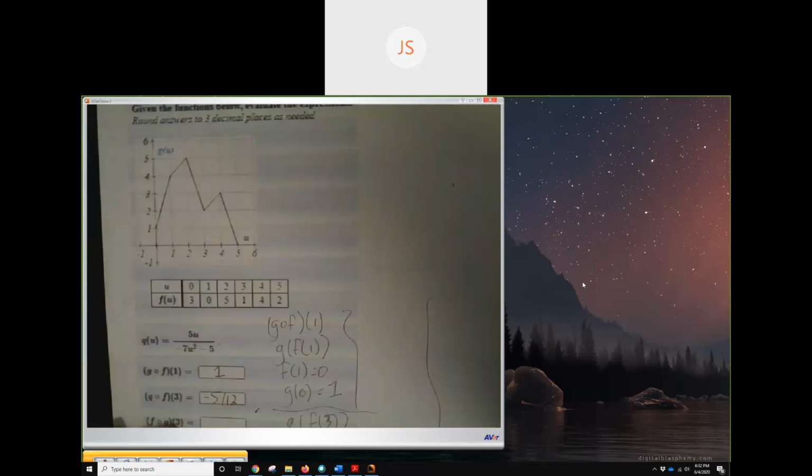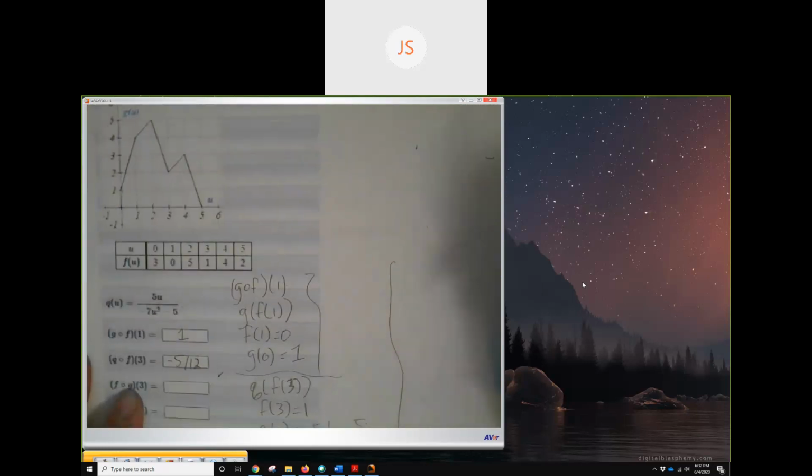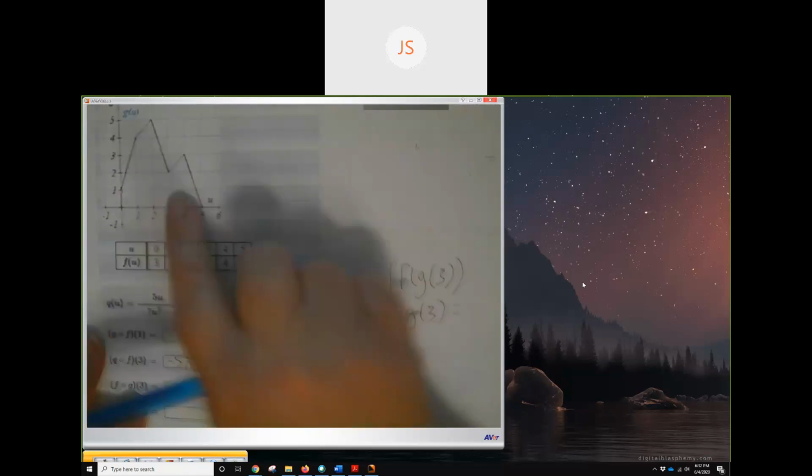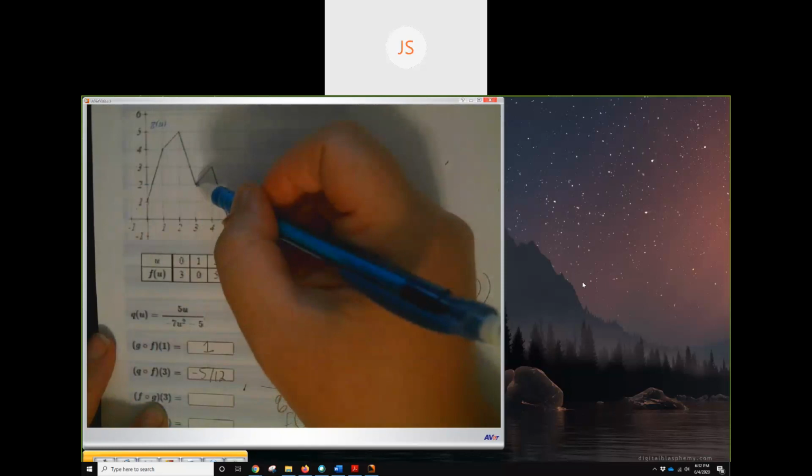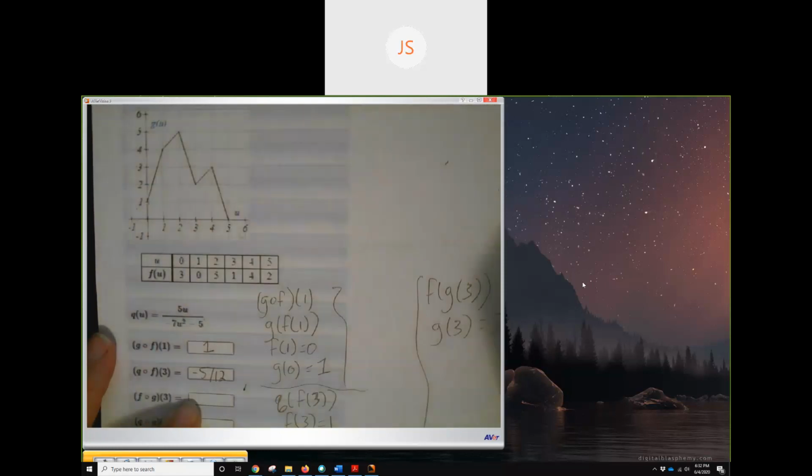Okay. So this time I want to do F of G of 3. Now I still have to work from the inside out. So G of 3 is what I need to do first. G was my graph. So at 3, the Y value is 2.